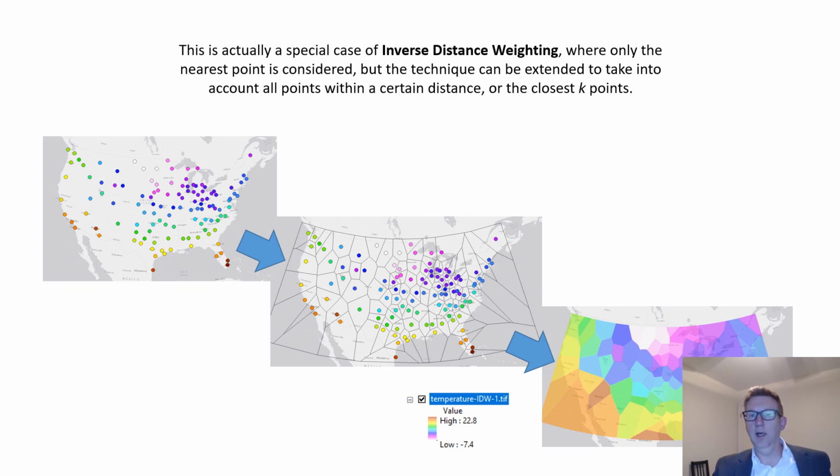If we extend this out a little bit, we get this more broad technique, often used, but actually also not a very good interpolator, the inverse distance weighting technique. So we'll take a close look at that next.